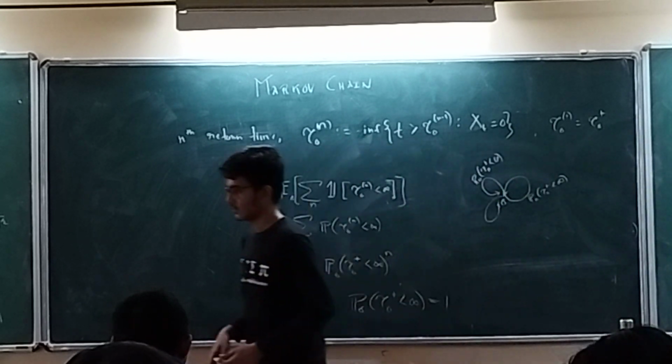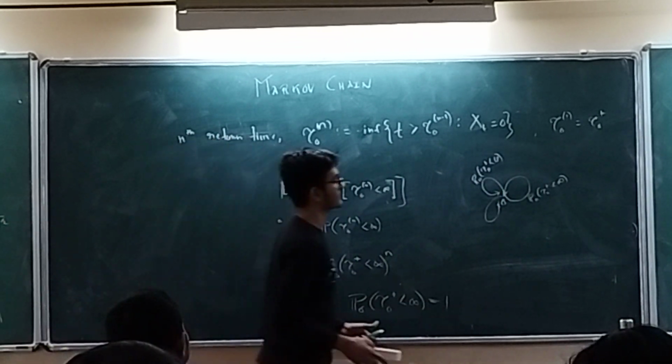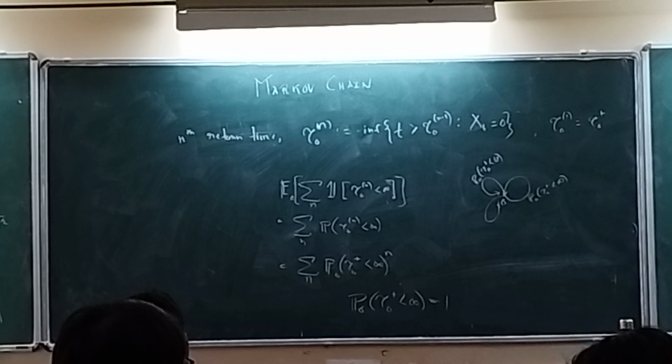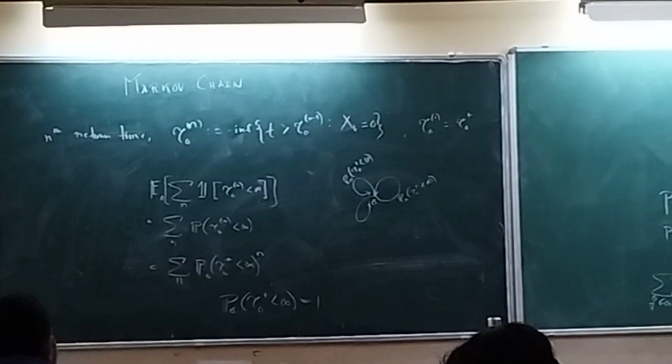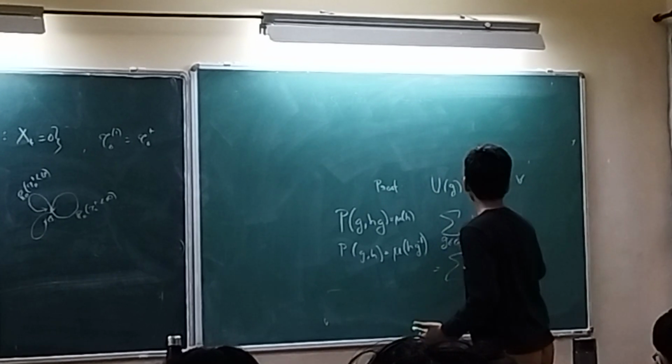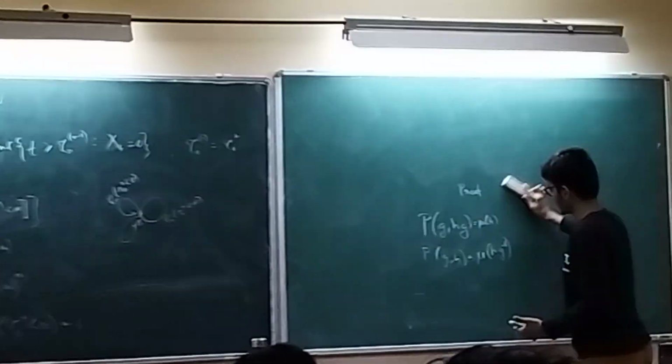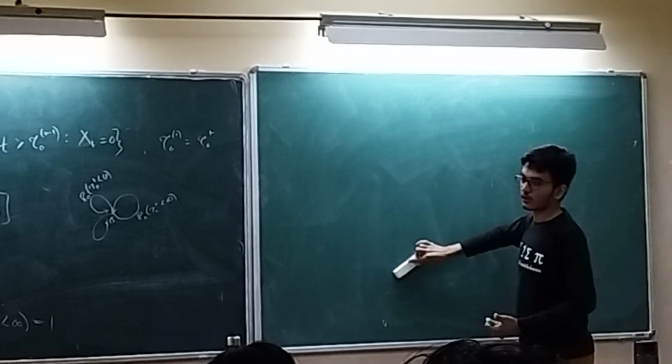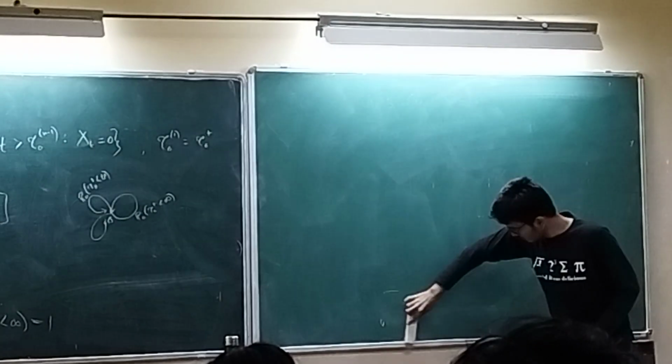So let's do the case of Z2. Z2 has a special structure for which the problem becomes a bit easy. And you will see why that doesn't work in Z3.